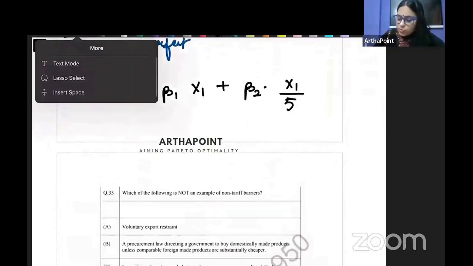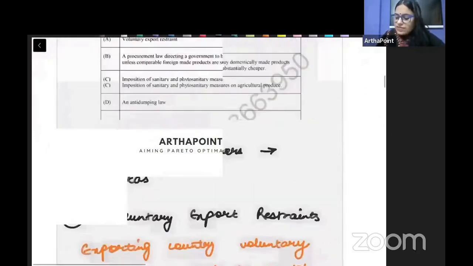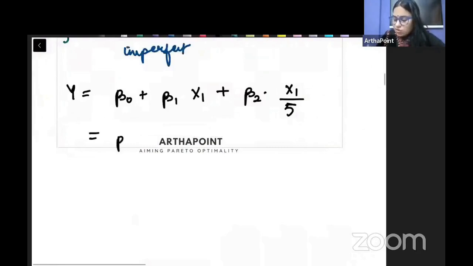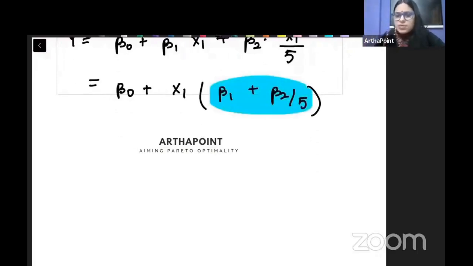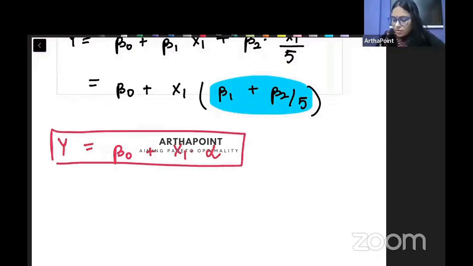Let me rewrite this: beta naught plus x1 common, beta 1 plus beta 2 by 5. Suppose this is some number, suppose I take it as alpha. So I can write this as beta naught plus x1 into alpha.